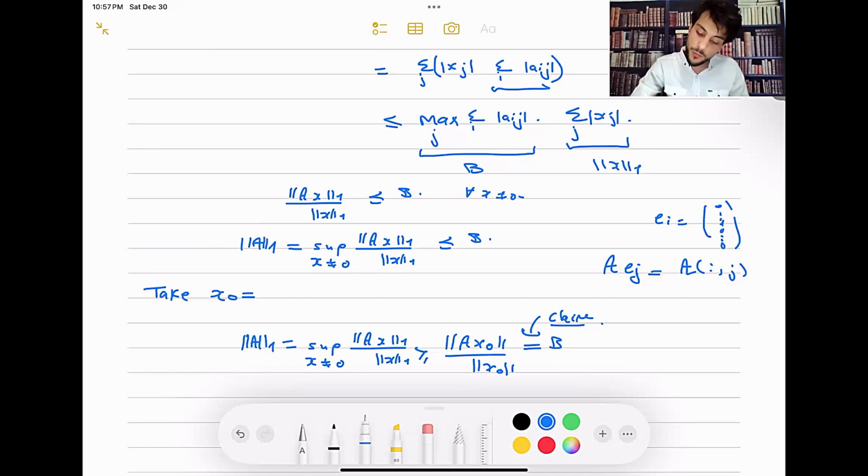So the one norm of A e_j is just the sum over the entries of the jth column in absolute value, because that's the definition of the one norm.